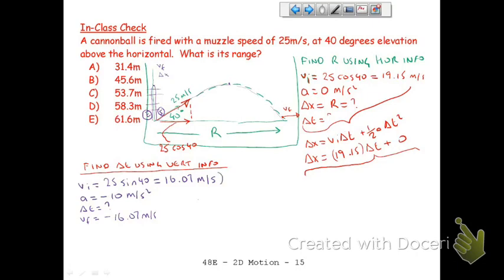So that means I come along here and say, well, VF equals VI plus A delta T. That's nice.